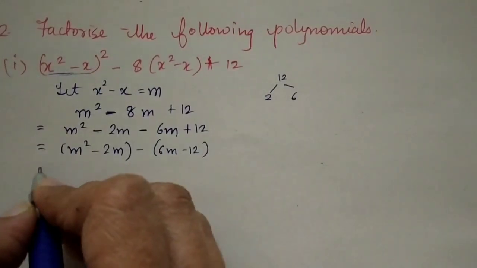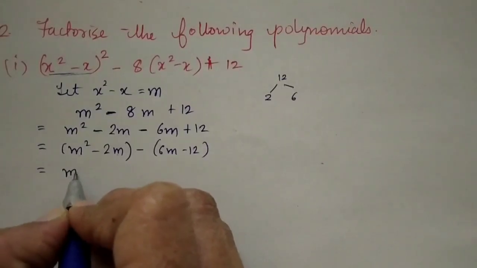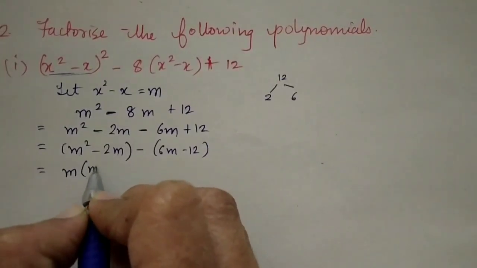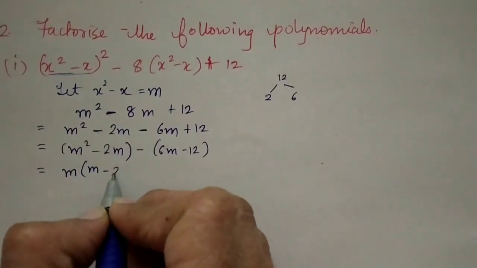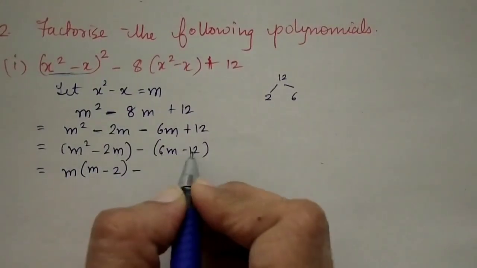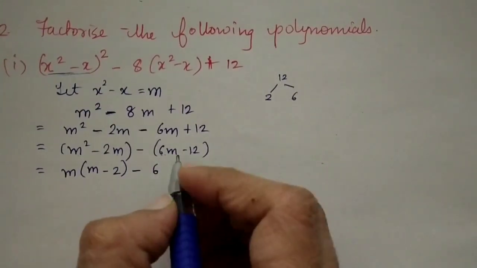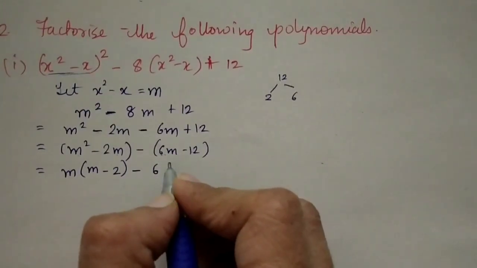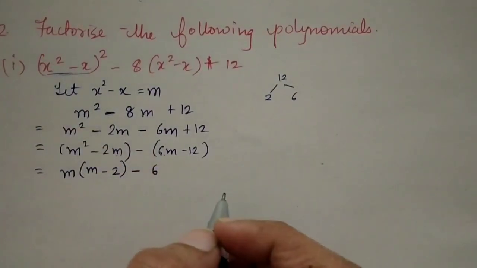So now what comes outside? M square and m. So m will come outside. Inside the bracket you will have m. Out of 2m, 1 is outside, minus, this is 2, minus 6 and 12. So both are coming in 6 table. Yes, so 6 2s are 12. You will say that it may come in 2 and 3's table also, but we have to take the biggest number.